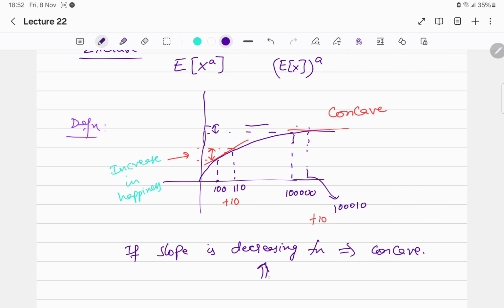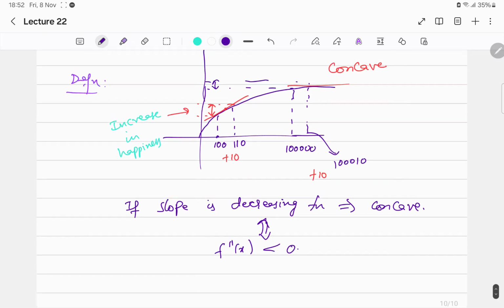This is the same as f double dash of x is negative. Similarly, f double dash of x greater than 0 implies convex. Okay, so this is how you can verify whether a function is a convex function or a concave function.